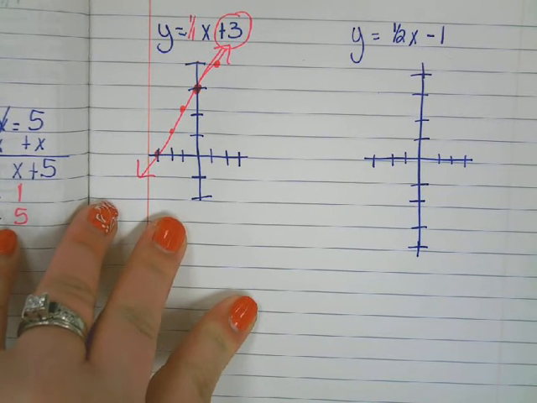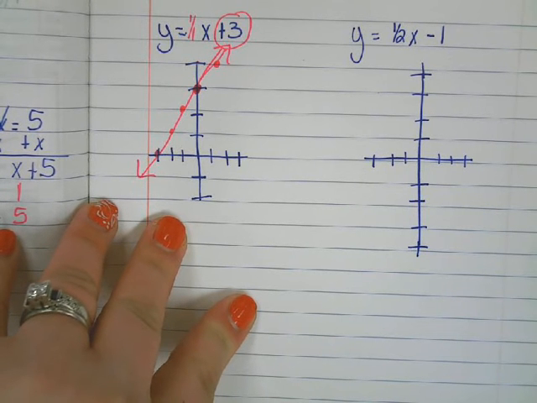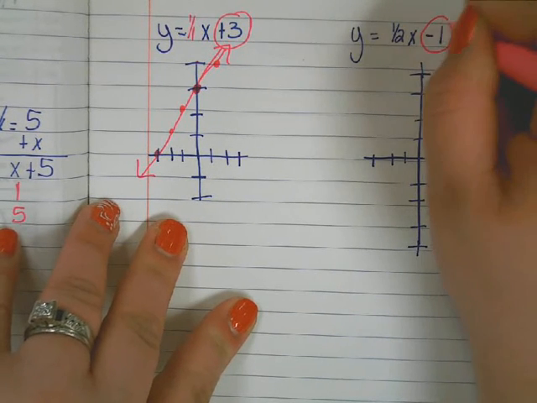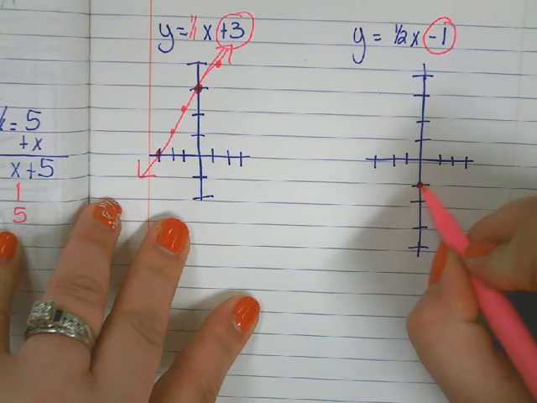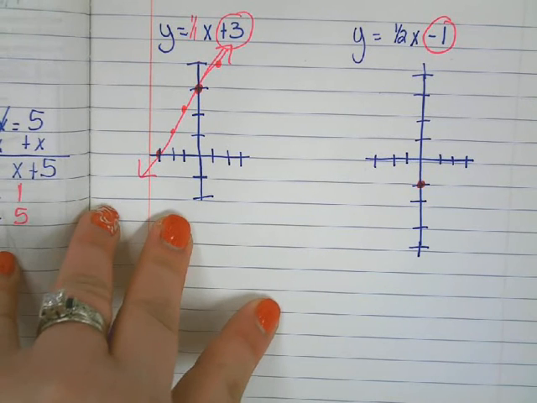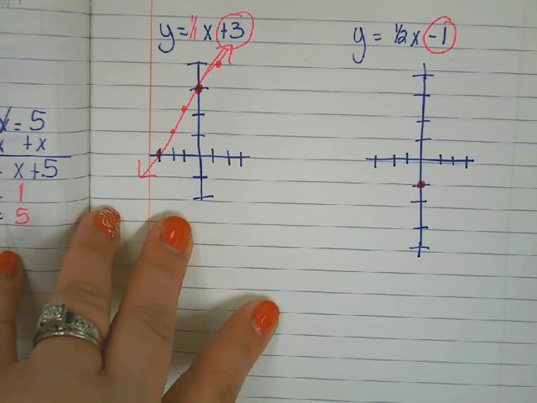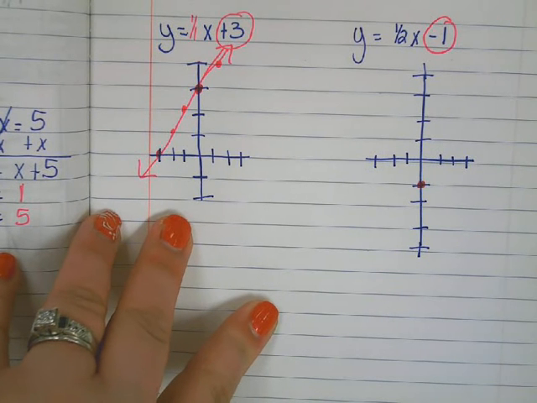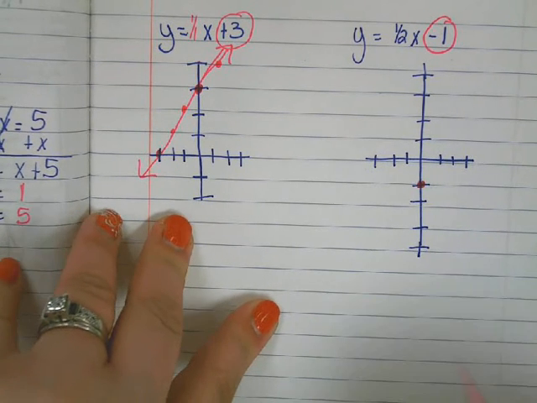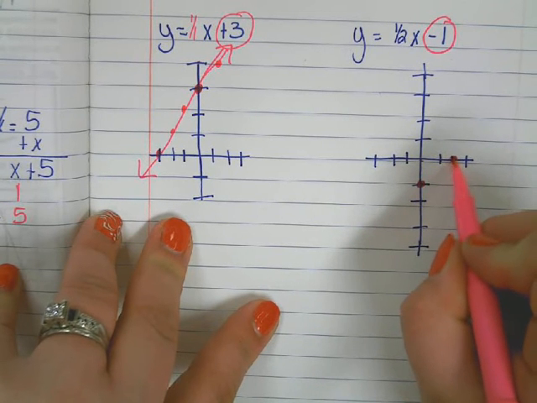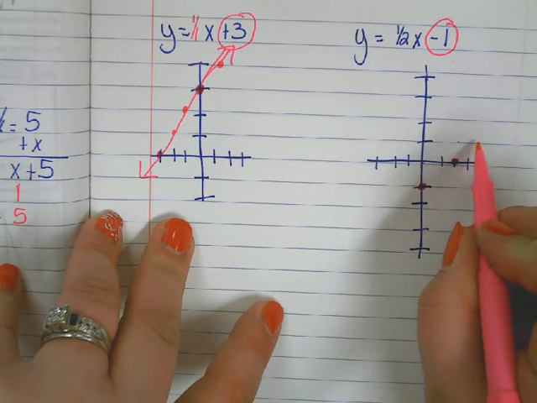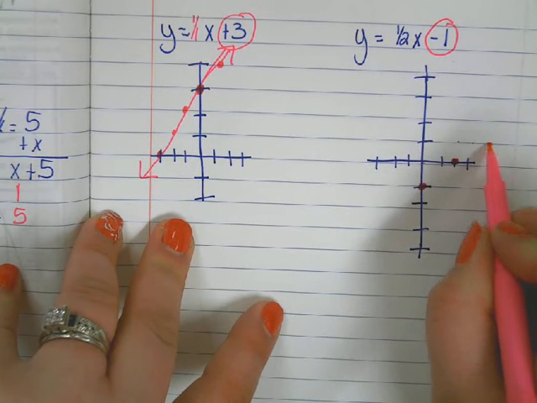Starting at that -1, so from my origin I'm going down 1. Now what is my slope? 1 over 2, so what do I need to do? So I'm going to start here, I'm going up 1 over 2. Okay, I could keep that pattern going, up 1 over 2. Or I could start from here and go down 1 over 2. And all of those are on my line.